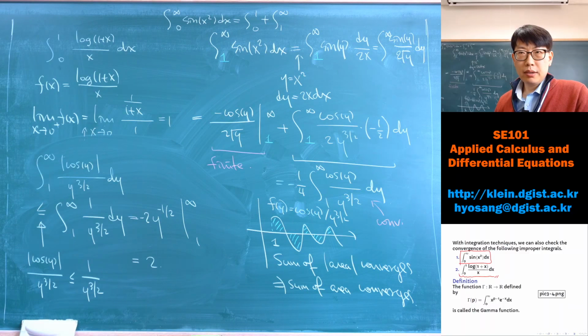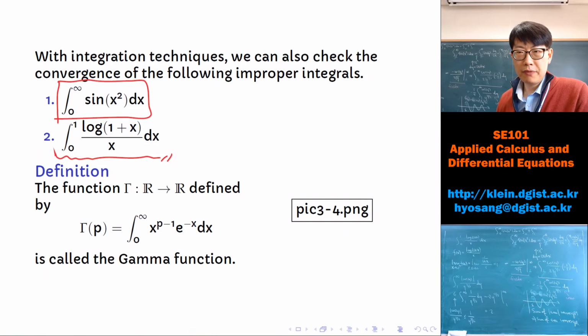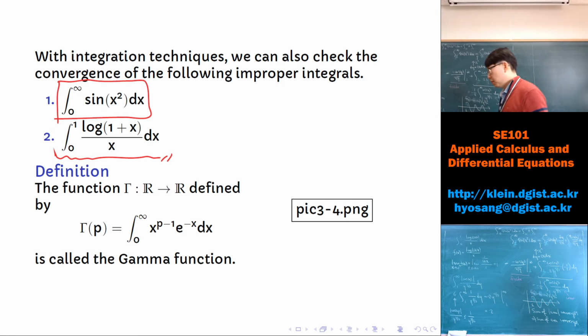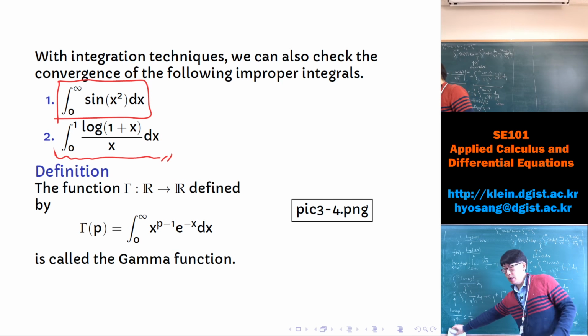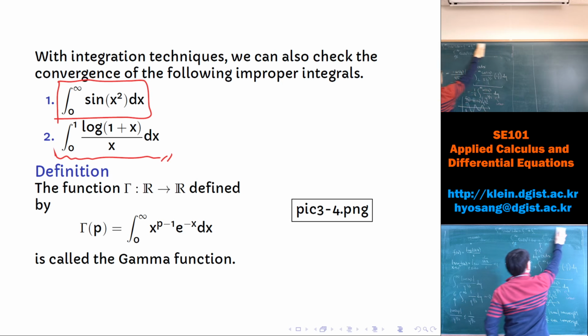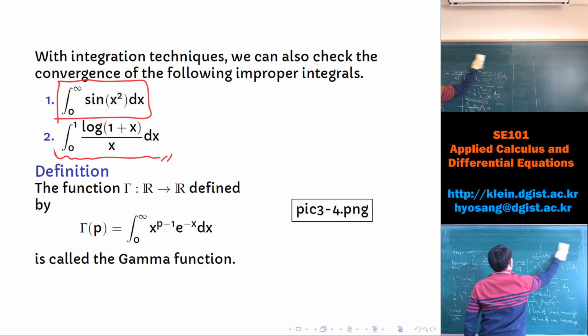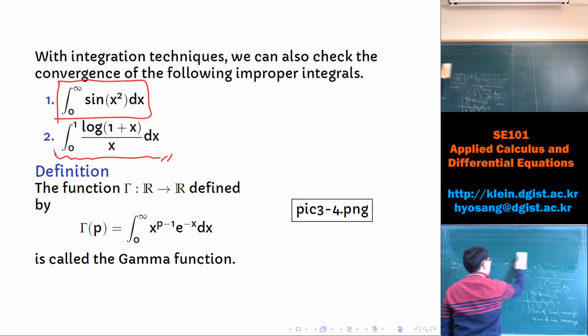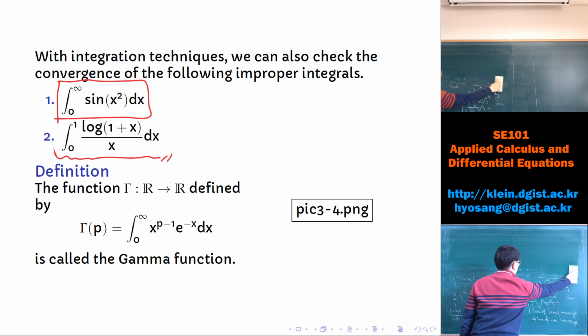Okay, so let's look at the gamma function. We're going to talk about the gamma function later, I think almost at the end of the semester. This is just the introduction, so you don't have to worry about understanding everything. Look at the definition of the gamma function.